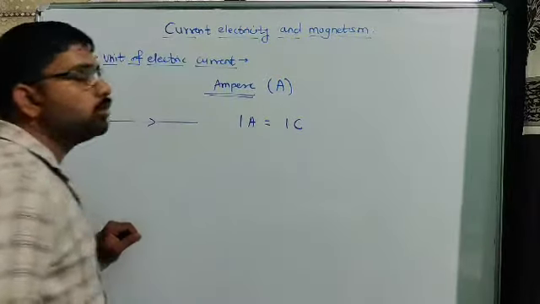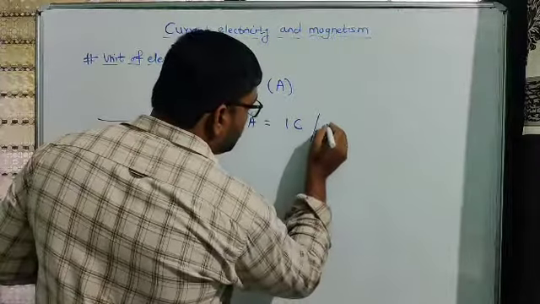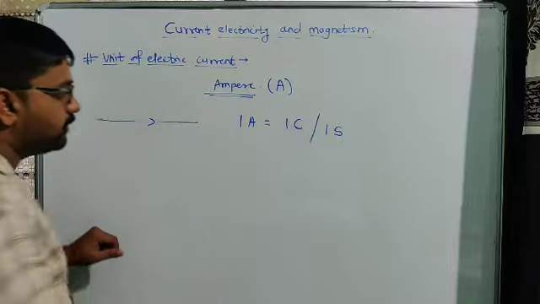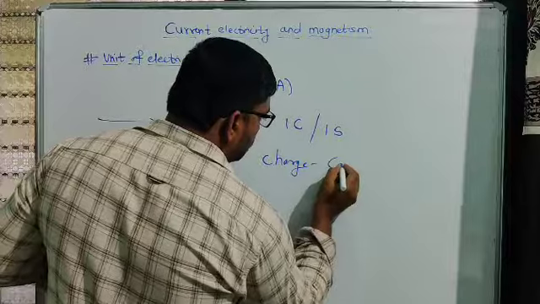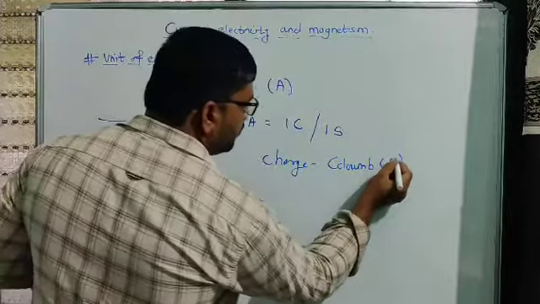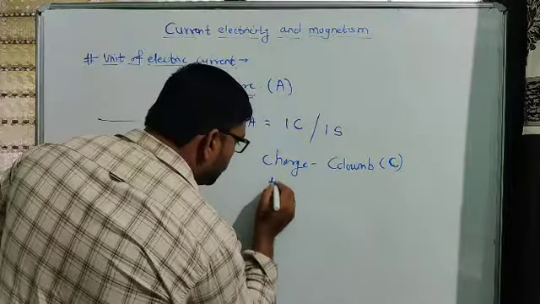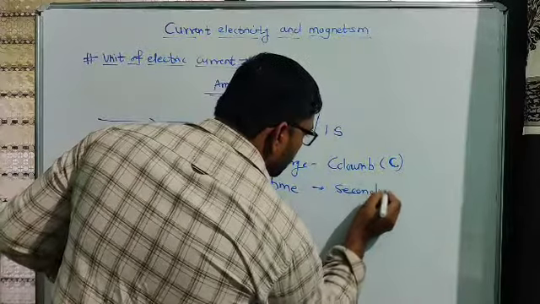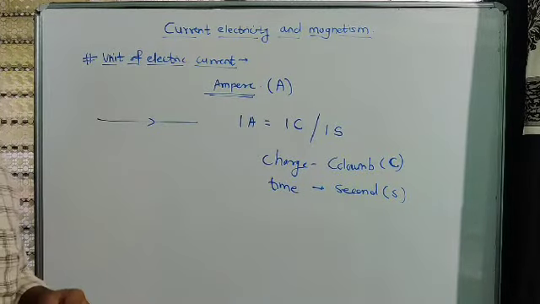Charge has the unit coulomb, written as C, and time has the unit second, denoted by the letter S. So it is coulomb per second.